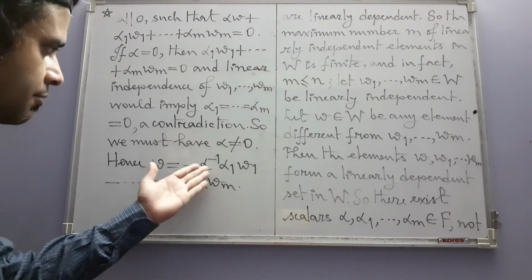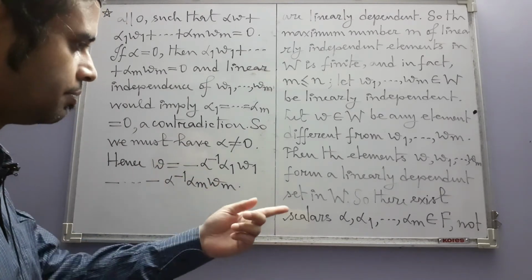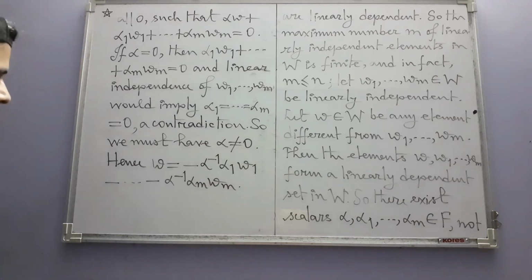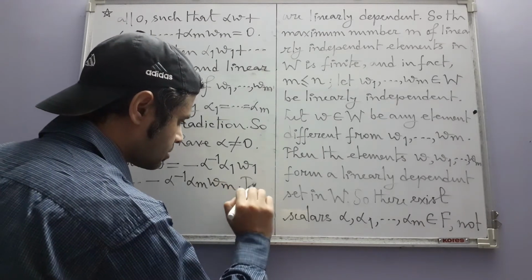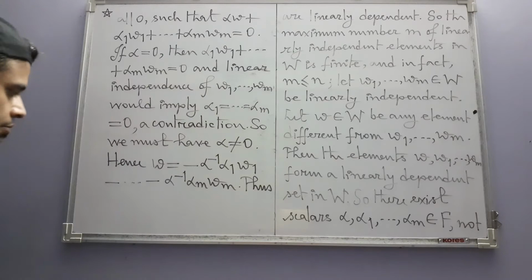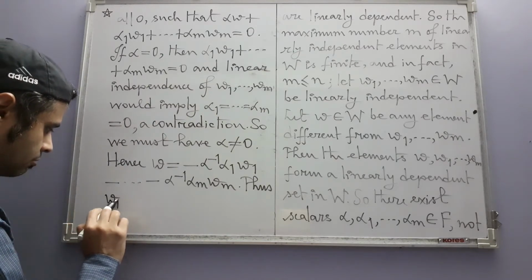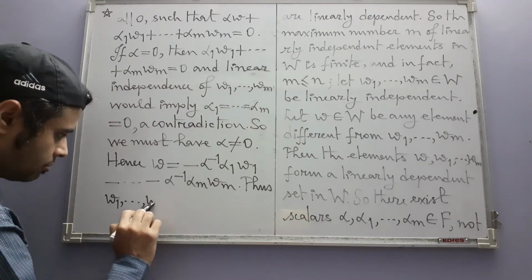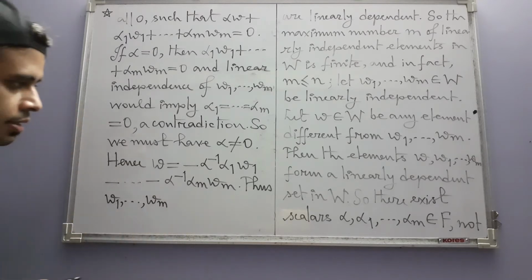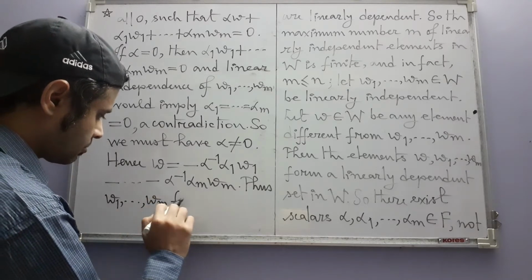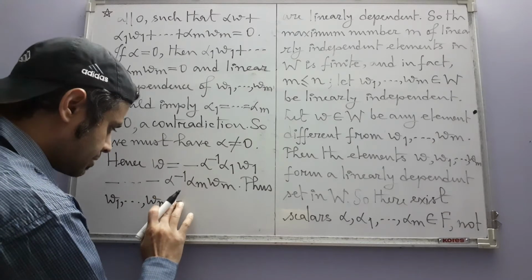And alpha inverse of course exists in the field because alpha is non-zero. Thus these m linearly independent vectors span W.